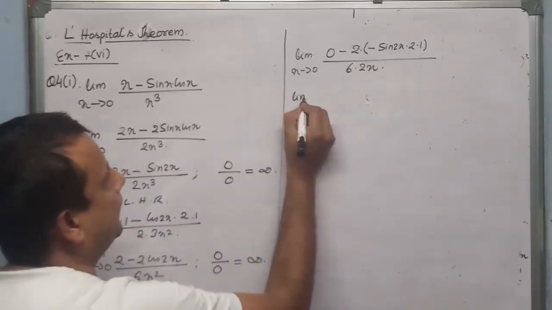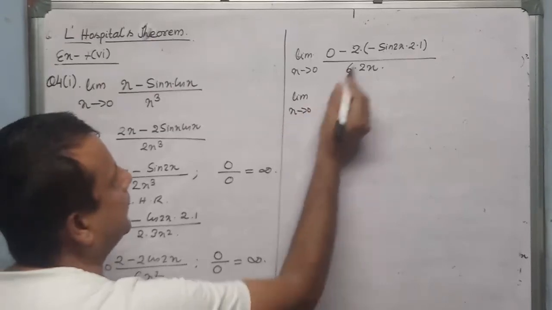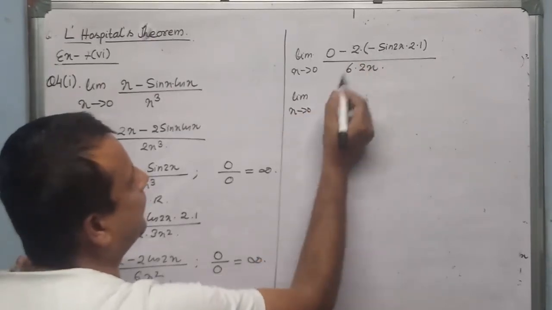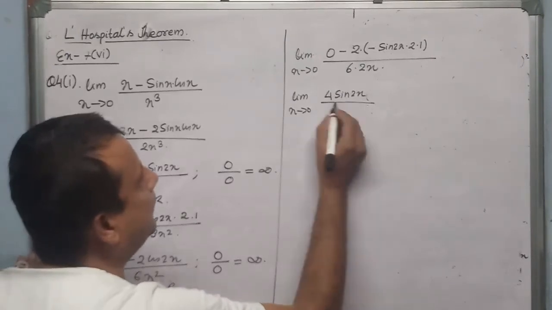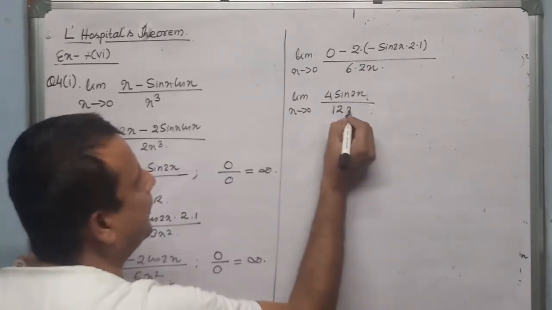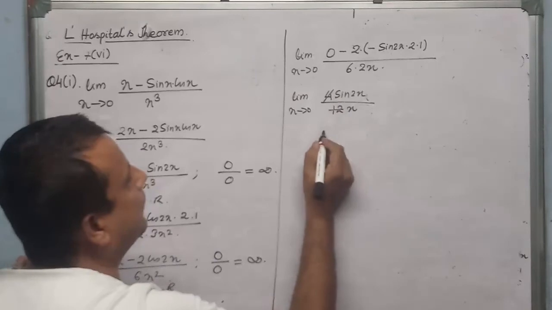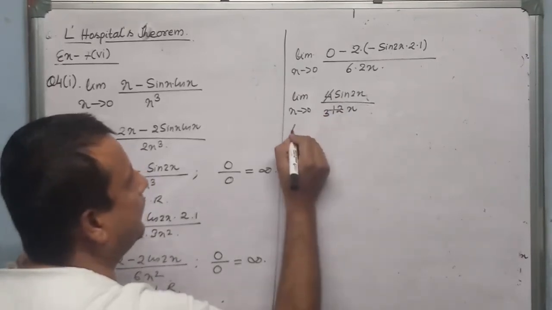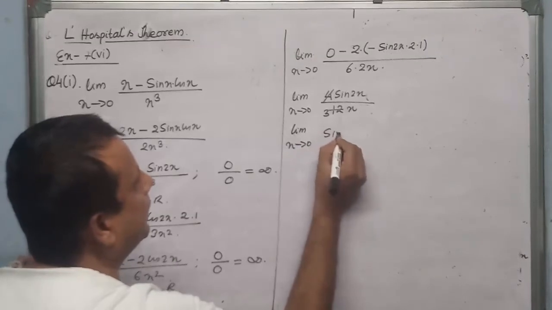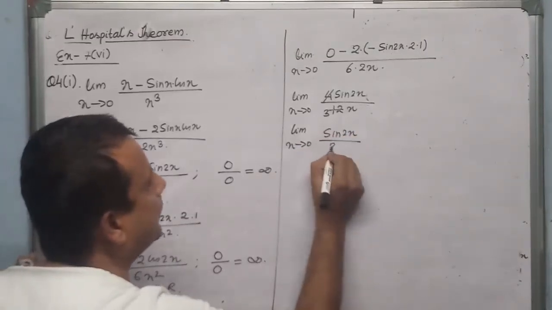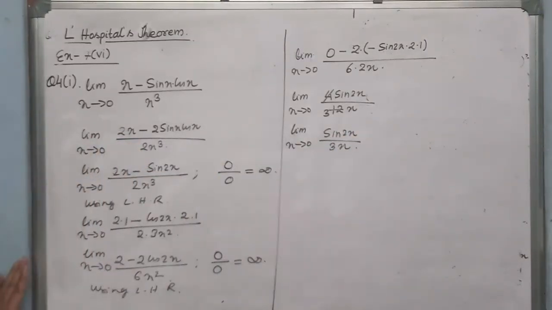Now the limit will be limit x tends to 0, minus into minus plus, 2 into 2 is 4 sine 2x over 12x. 4 threes are 12. Limit x tends to 0, sine 2x over 3x.